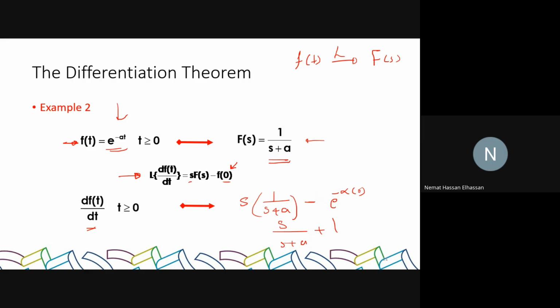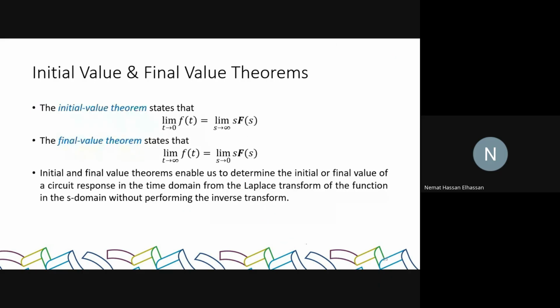So this is a second example. Another theorem that we have is called the initial value and final value theorem. The theorem states that if you have a function f of t, the limit of that function when t tends to 0, meaning its first value when t is very small, almost equal to 0, is equal to the limit of s times F of s when s goes to infinity.